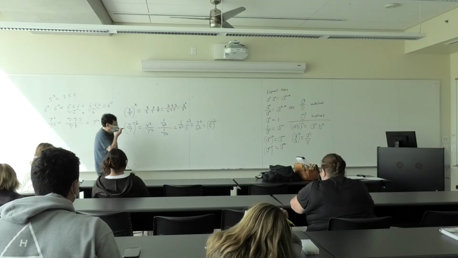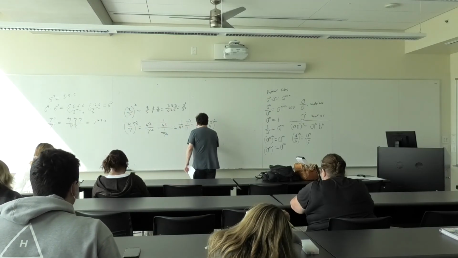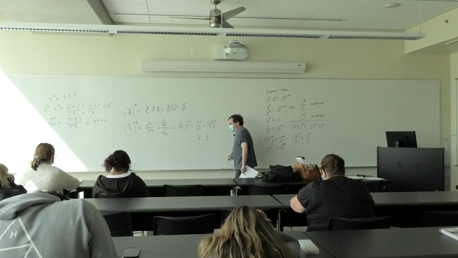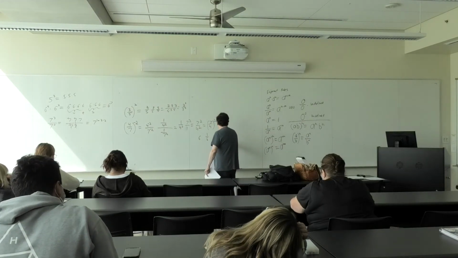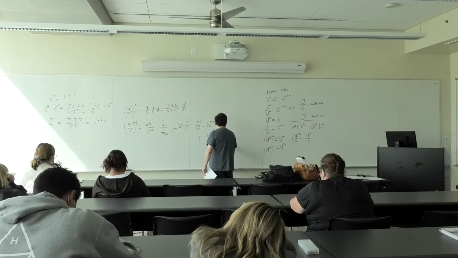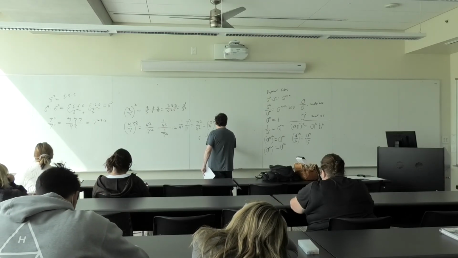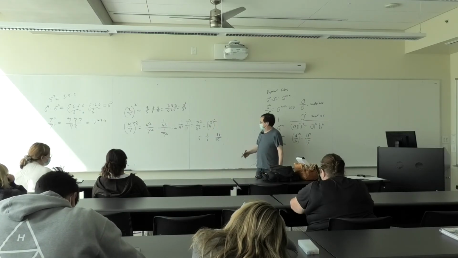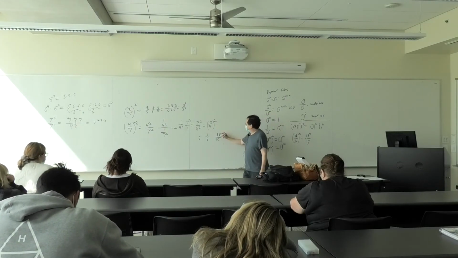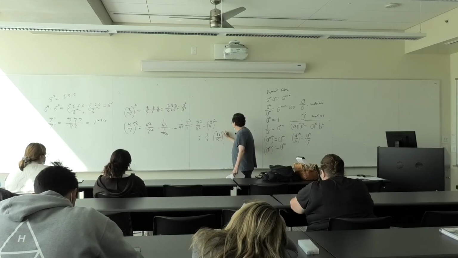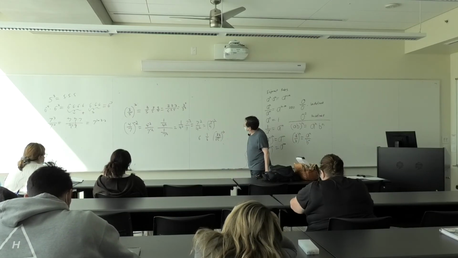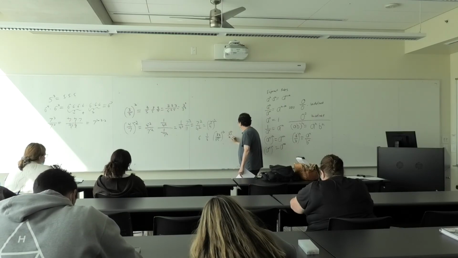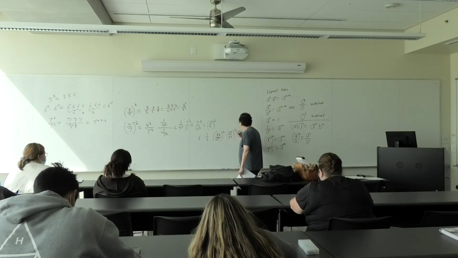If I said, what's the reciprocal of 6? Well, that's easy. It's 1/6. But if I said, what's the reciprocal of 3x over the square root of 5, to the minus 3? Well, we just know it's the square root of 5 over 3x, cubed.